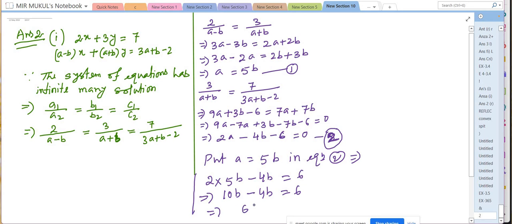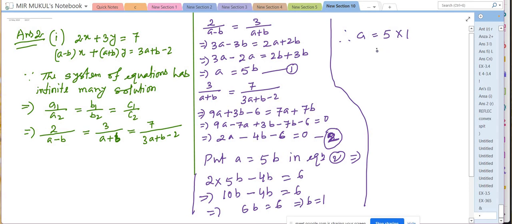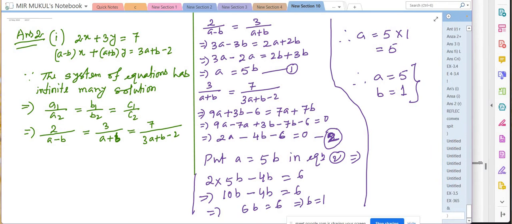So 6b equals 6, then b equals 1. Therefore a equals 5 into 1, so this is equal to 5. So a equals 5 and b equals 1. So this is our solution. Understood? Yes, sir. Okay.